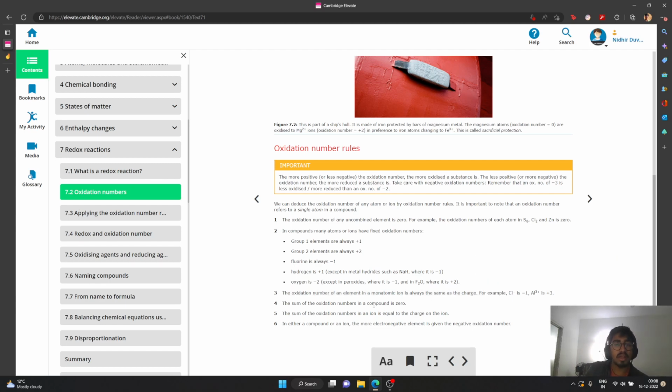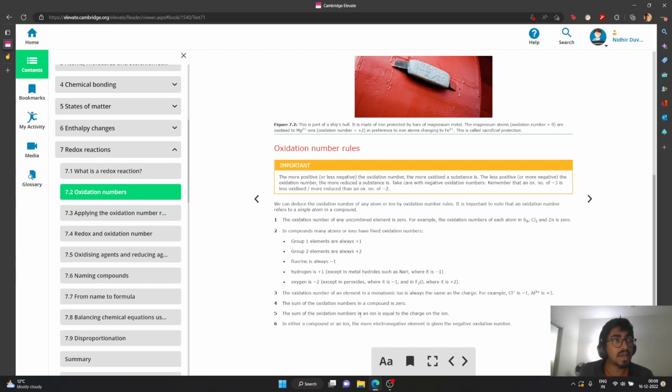Then, just like a pure element has an oxidation number of 0, if there is a compound, the sum of the oxidation numbers must be 0, must be stable. If it is an ion with many atoms, then the sum of the oxidation numbers should be the same as the charge. The earlier one was a monoatomic ion, which is just one ion like Cl minus or Na plus.